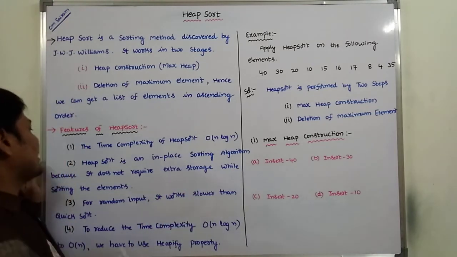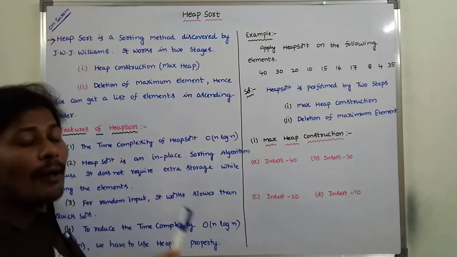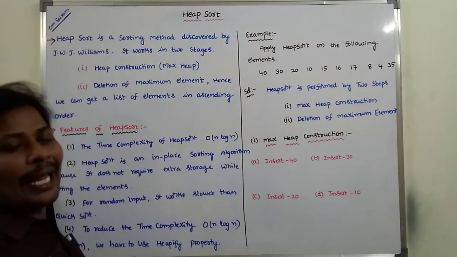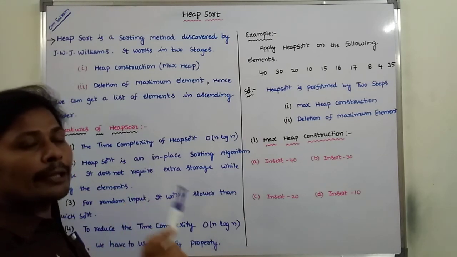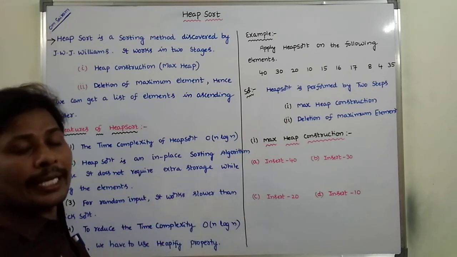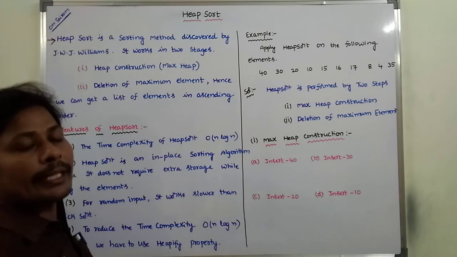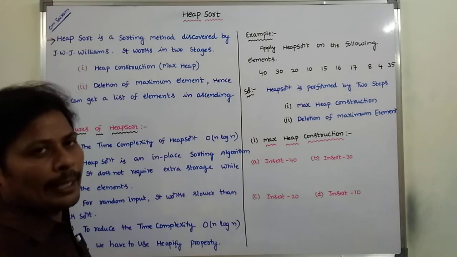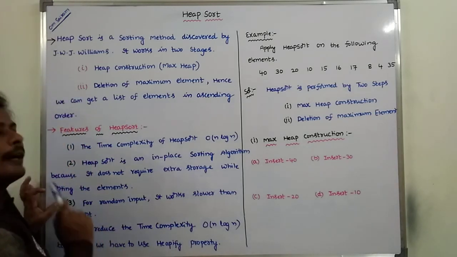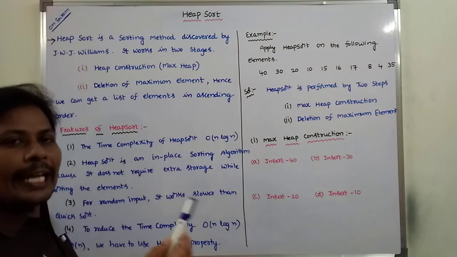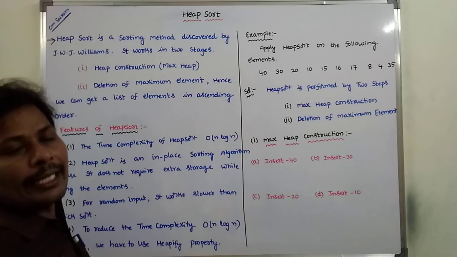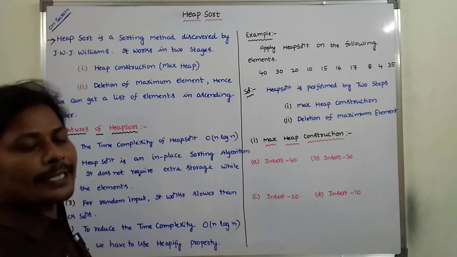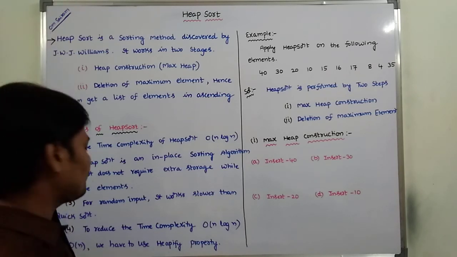Next, second point, heap sort is an in-place sorting algorithm because it does not require any extra storage during the sorting of n number of elements. Third, suppose we are taking a random input, heap sort is slower than quick sort for sorting the elements.